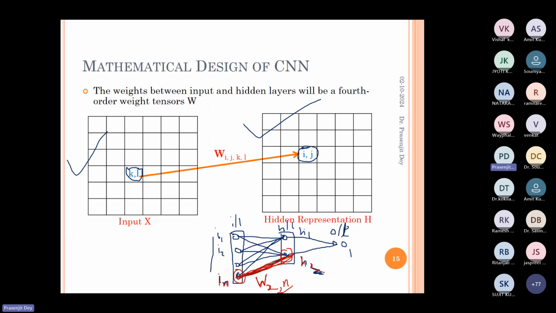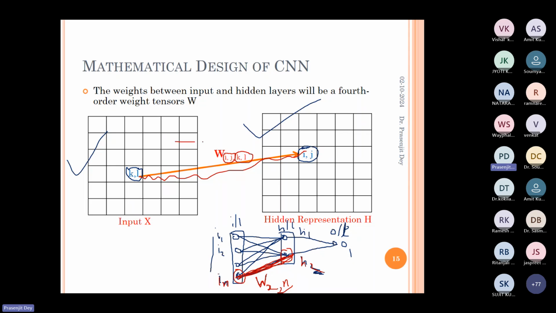This is the concept. Here the input is a two-dimensional entity and the hidden is also a two-dimensional entity. The link connecting two nodes between the input layer and the hidden layer has indices for the hidden layer and indices for the input layer, and this is a unique value.